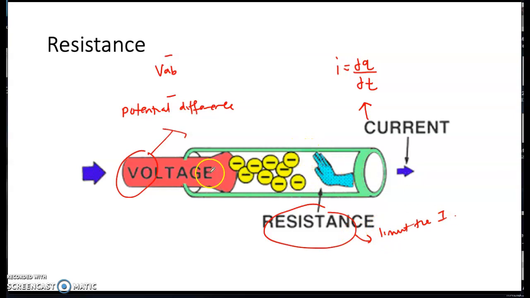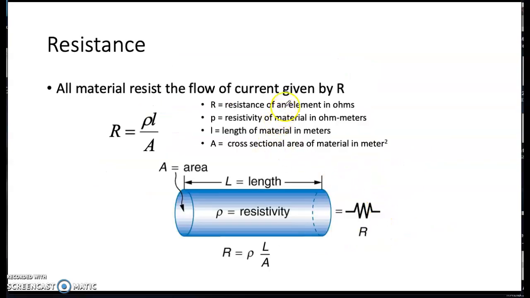In this analogy, the voltage is pushing the charge towards your right, but this hand, which is what we call resistance, pushes away the charge to limit its movement. So it limits the current flow.